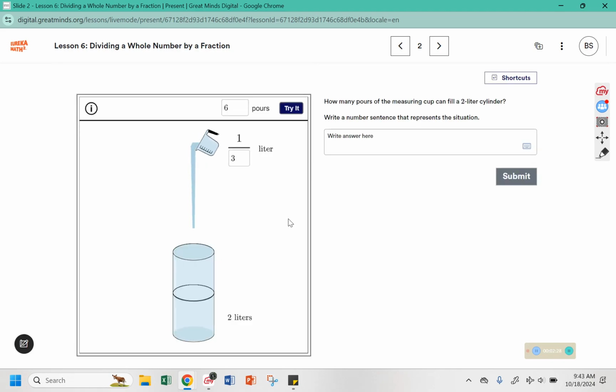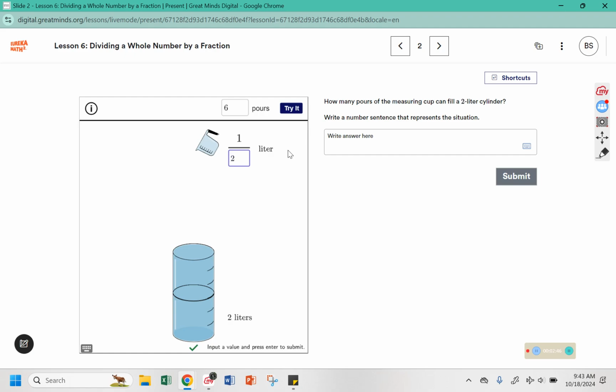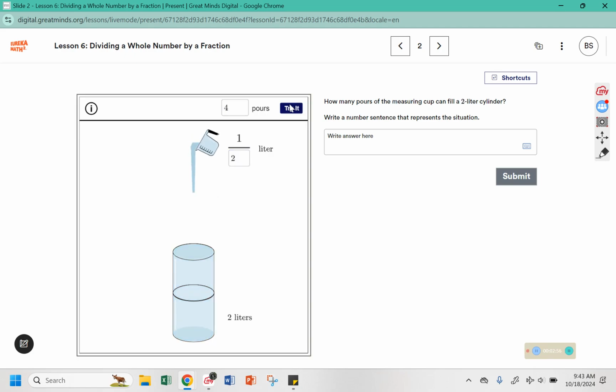And then we can try it. If I had half of a liter, it would take 2 to fill the first liter and 2 to fill the second liter, so it would require 4 pours.